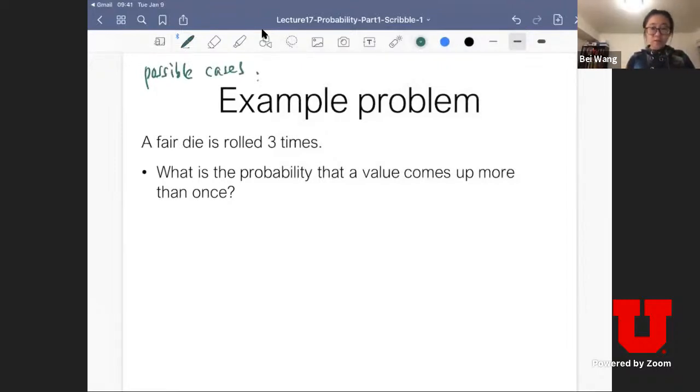There's actually a few cases, right? It says more than once. So that means it's either twice or 3 times. So the possible cases are a value shows up twice, or a value shows up 3 times.